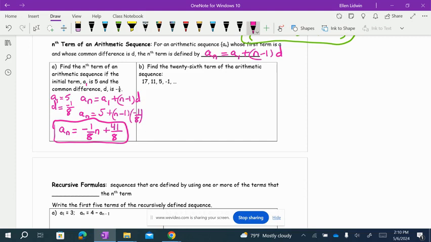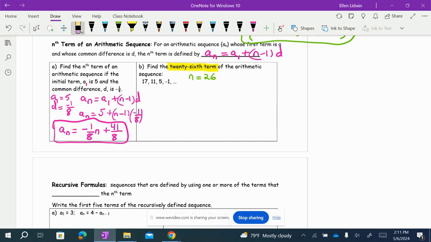Now, the nice part of finding the rule is if it says find something else, you're using the rule. So this one says find the 26th term in that arithmetic sequence. Well, n is 26. They're telling me n is 26 because they want the 26th term. They're telling me to look at this common difference. So I guess this is not related to the previous part. We're looking at another sequence.